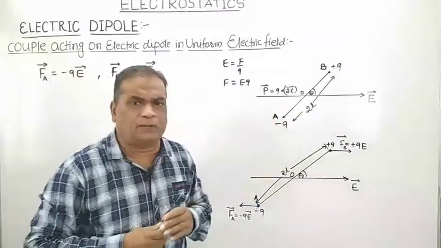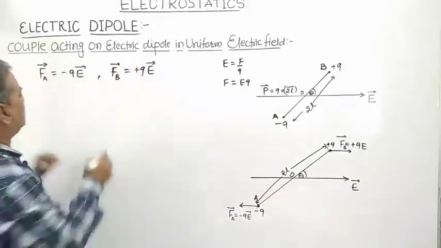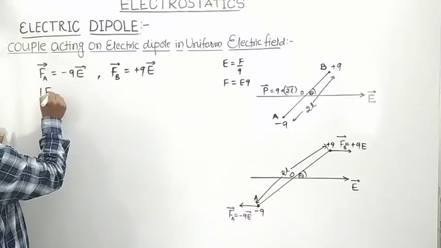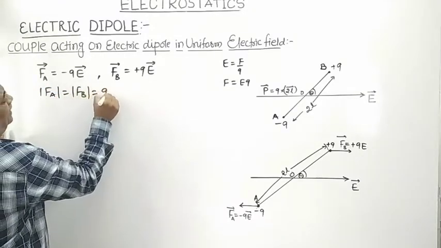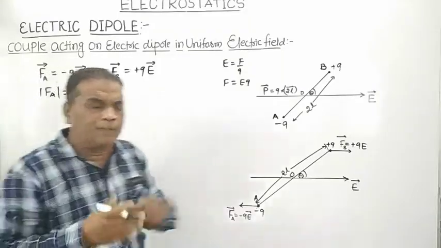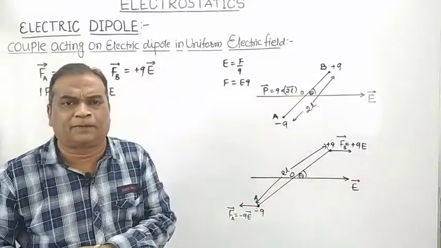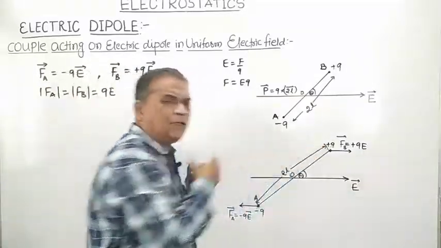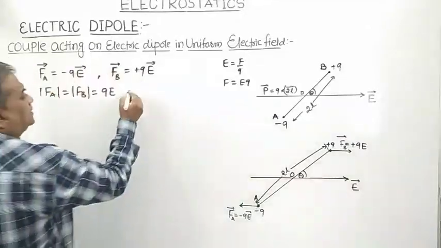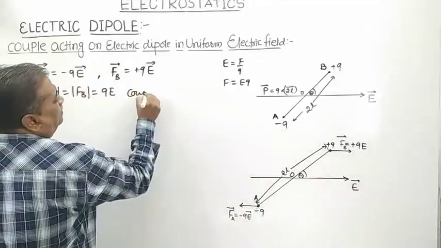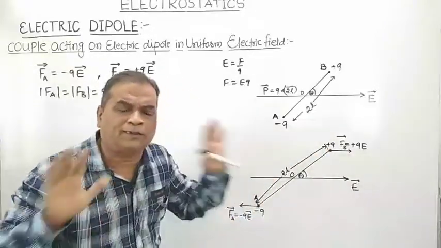From the figure, what can you say? The two forces Fa and Fb are equal in magnitude, and that magnitude is Q into E. But one is pointing towards the right, the other towards the left. It means the two forces are equal in magnitude, but they are acting what? Opposite in direction. Hence, they form a couple because their lines of action do not coincide.